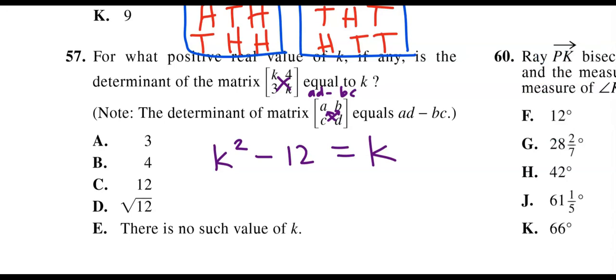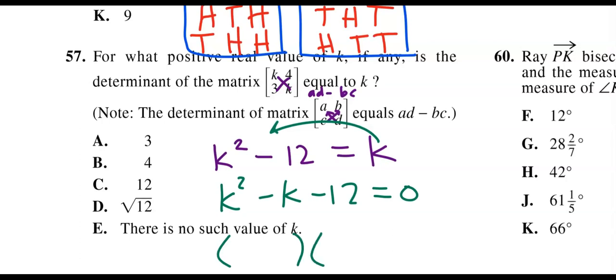Any thoughts on how I'm going to solve that thing? Looks like a quadratic. I'm hoping you'll push this over to the other side: k squared minus k minus 12 equals 0.